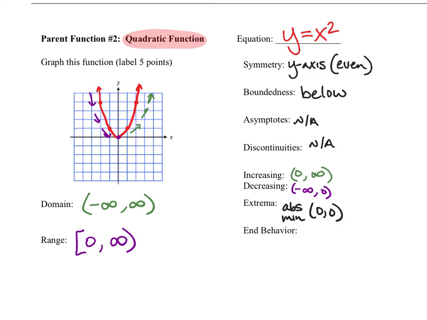And our end behavior is the limit as x approaches negative infinity for this function. On the left-hand side, this arrow is going up, so its end behavior is positive infinity. And the limit as x approaches positive infinity of this function f of x, since that arrow is going uphill, is also infinity.